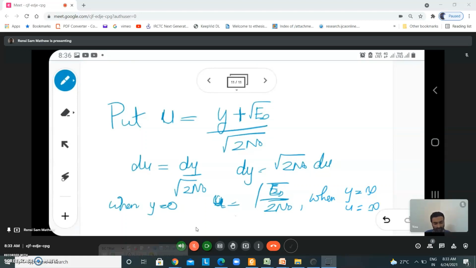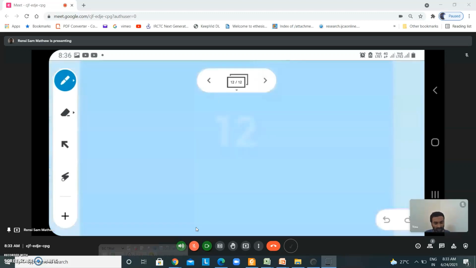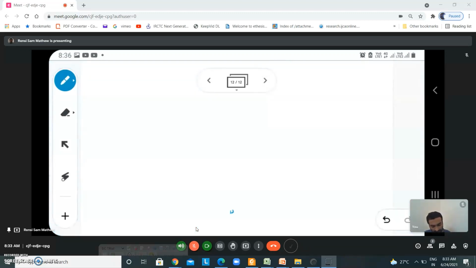So I am going to substitute all these values. So what is my equation? My equation is P10, which is equal to 1 by square root of 2 pi N0 into the integral, which was 0 to infinity.